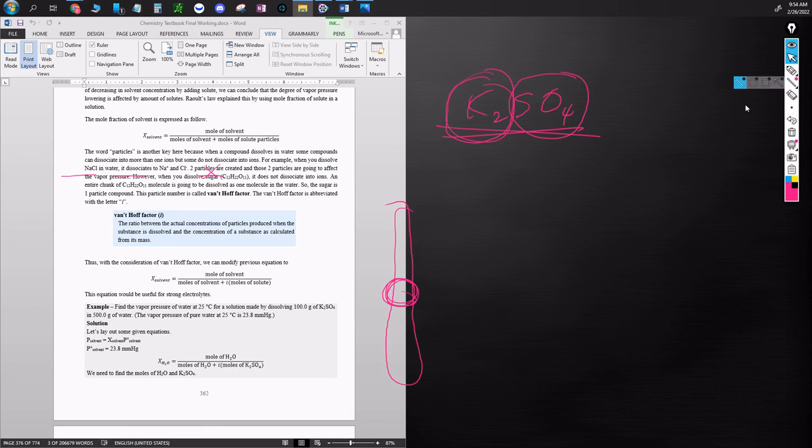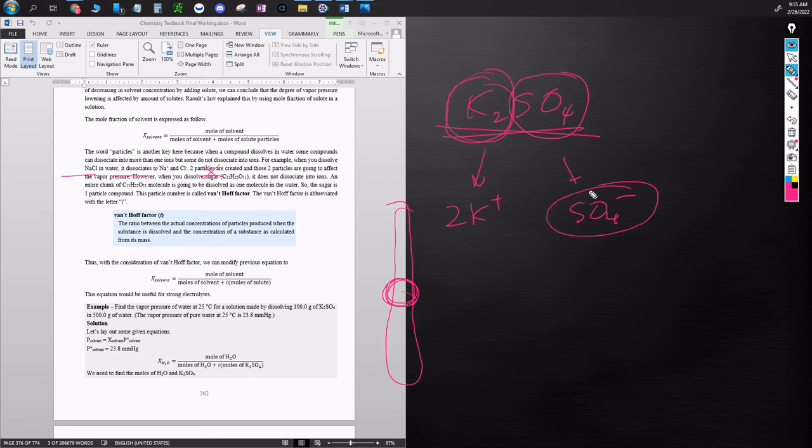So when we dissolve this in water, what are the sub-particles or components of it? You have 2 potassiums and 1 SO4 2-. This is non-metal stuff. They don't dissolve in terms of each little piece, sulfur and oxygens, like how sugar did.